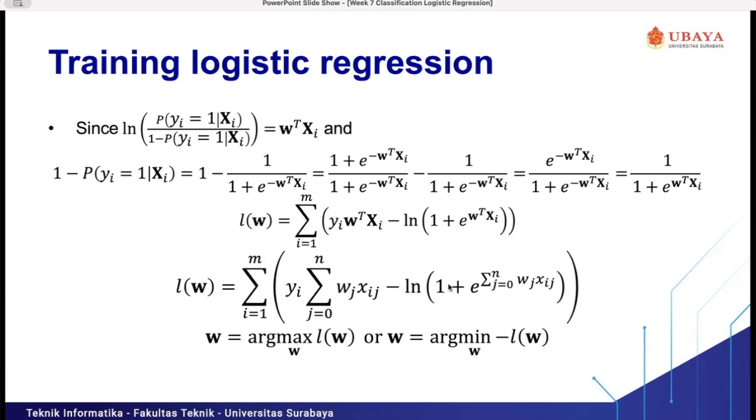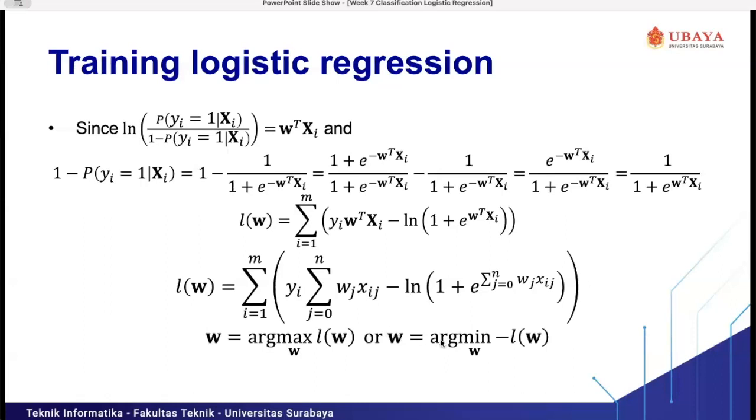Same. And we also change the W transpose xi in these values with the multiplied values between the weight wj and xij. So how to choose the best W, or the best wj? We can choose the best wj by finding the wj that has the maximum value if we put the wj into the L function.